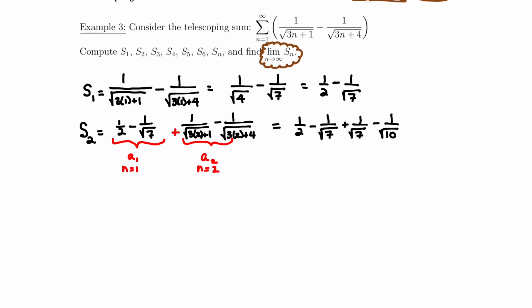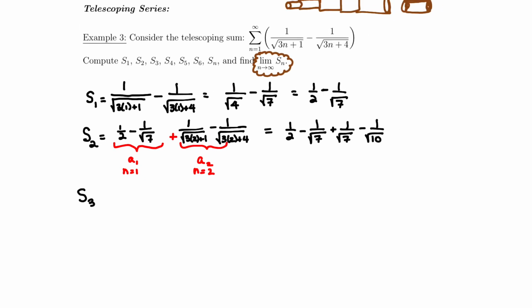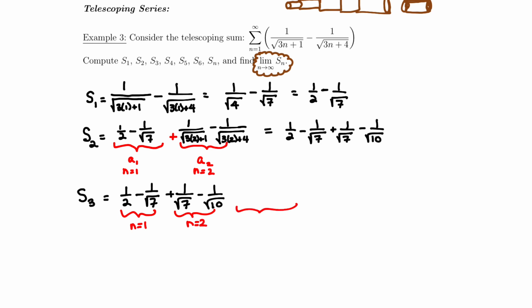Well, let me look at S sub 3 quick. S sub 3 is those first couple terms. Let me write them down again. That's when n is 1, and then when n is 2, and then now we have to do when n is 3, right?